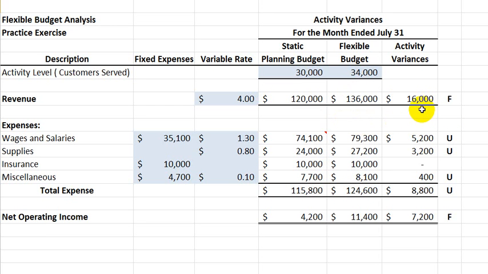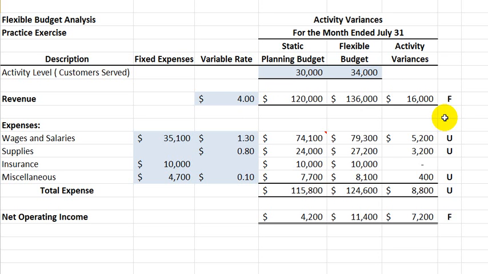So our activity generated an additional $16,000 in revenue based on the budget rate of $4 variable rate. So activity-wise, and bear in mind only activity-wise, we should have a positive or favorable variance of $16,000.